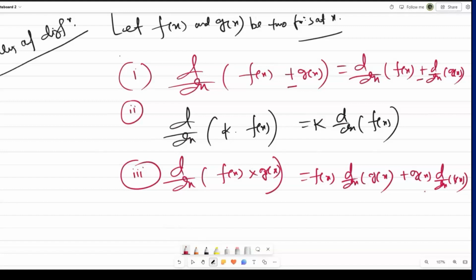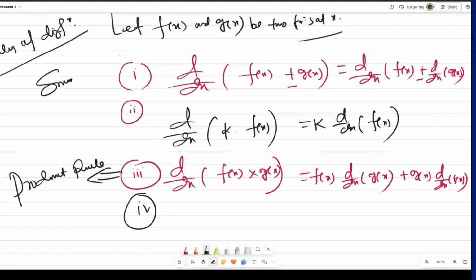This is called the product rule of differentiation. And the last one is called the quotient rule. This is the sum or difference rule, product rule, and there is the quotient rule.